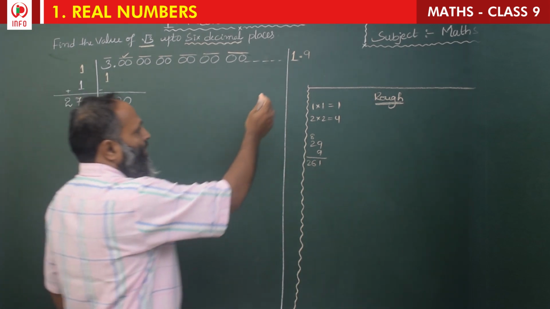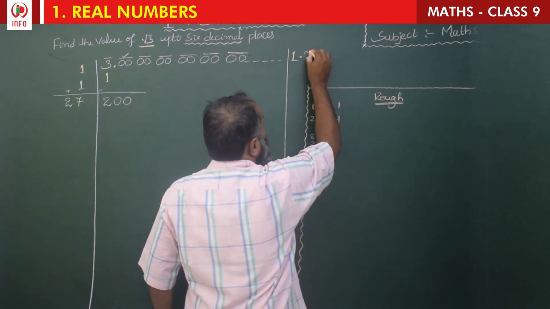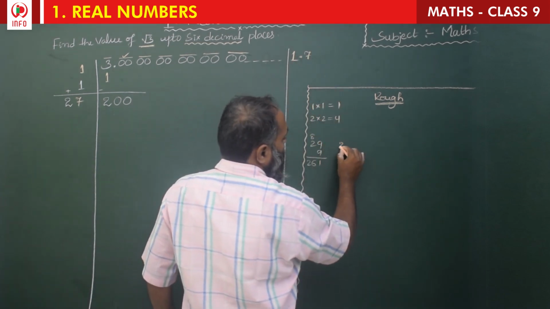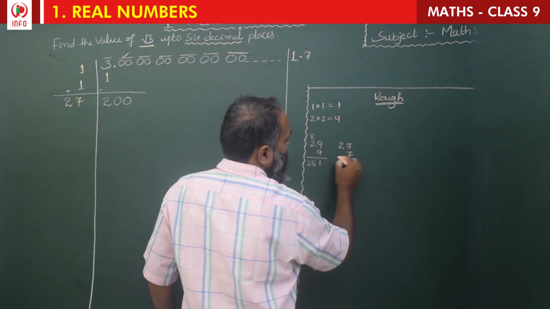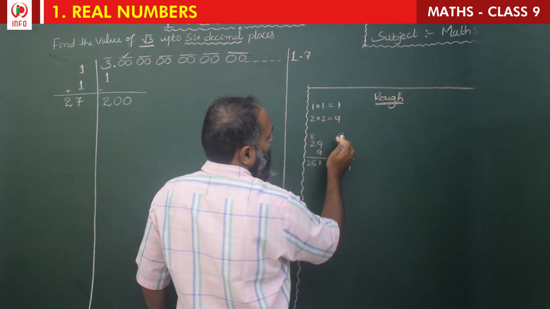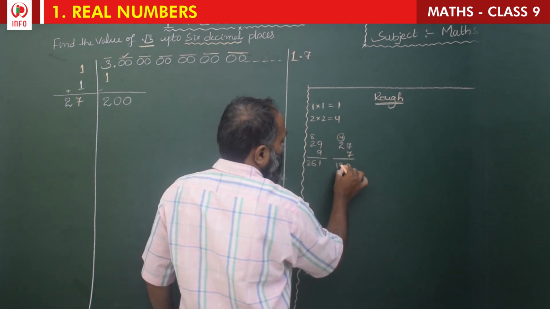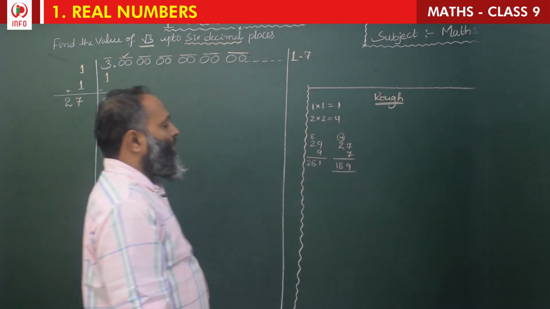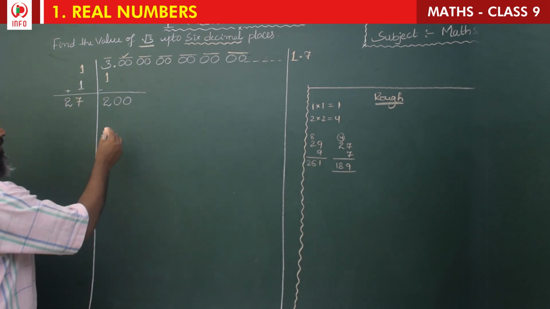So 7 za and 7 za. 27 7 za: 7 7 za 49, 7 2 za 14, 14 plus 4 is 18. So 189.